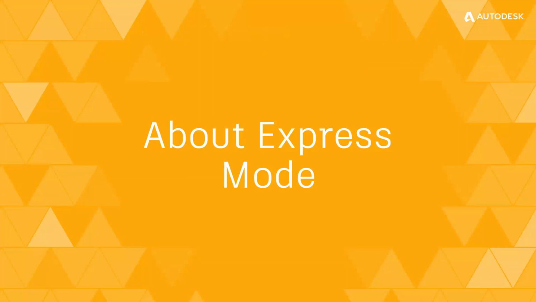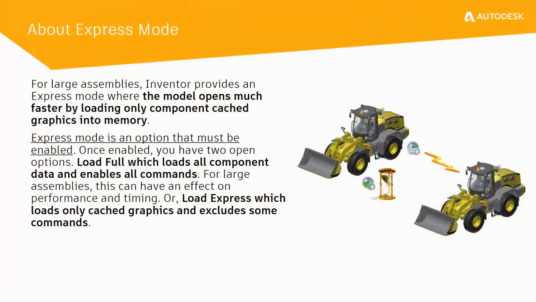Okay, now we spoke a little bit about Express Mode earlier on, and we're going to go into a little bit more depth as to what it is. Now, working with large assemblies, Express Mode helps you open models much faster by loading only the component cached graphics into memory.